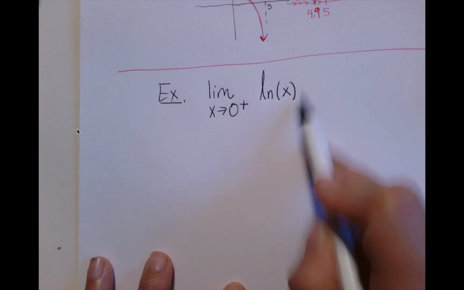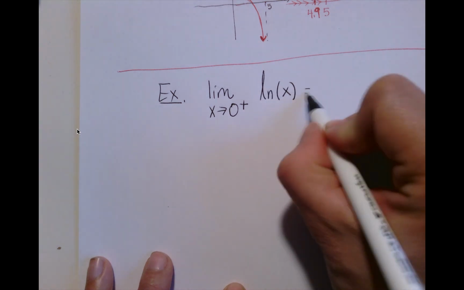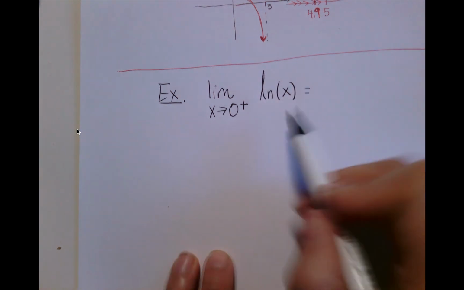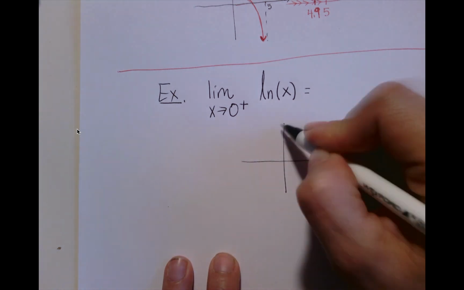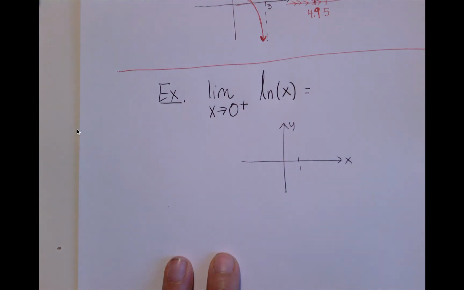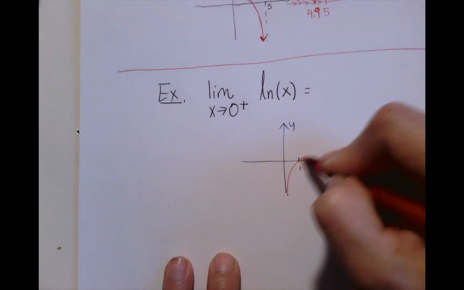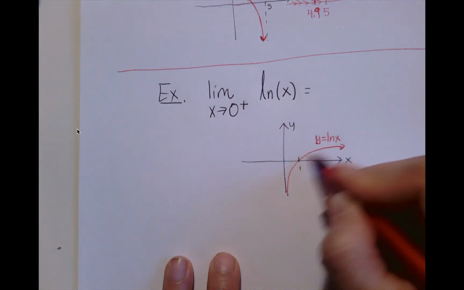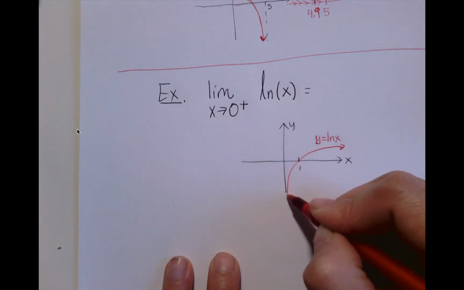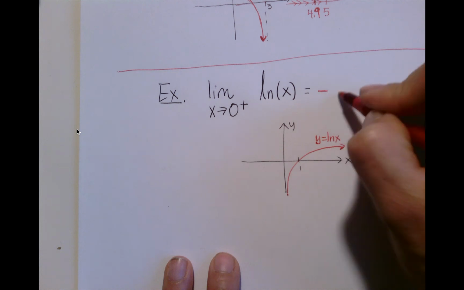My function here is a natural log function. So what is this limit equal to? The best way to understand this limit is to remember the graph of the natural log function. And it looks something like this. So we have a vertical asymptote at x equals 0, and my limit is negative infinity.